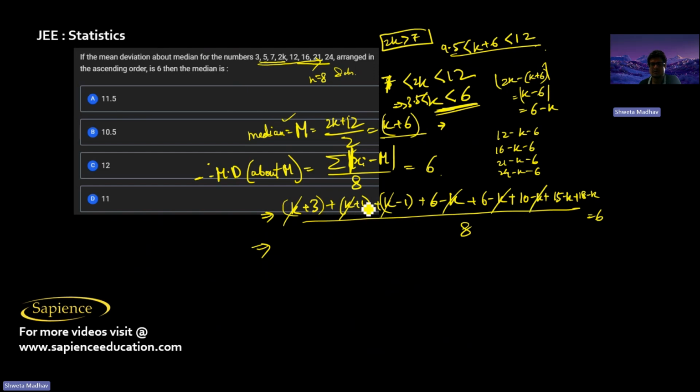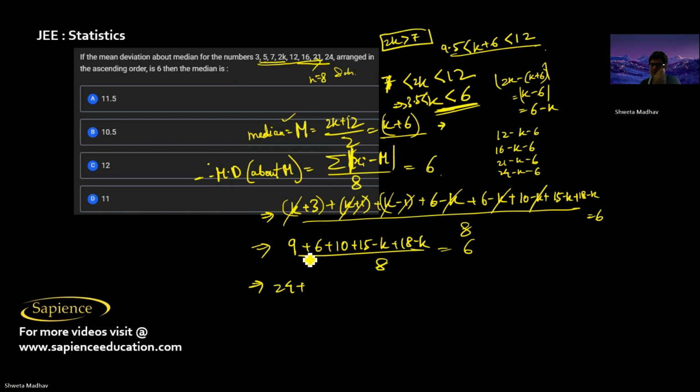So this will be 3 plus 6, that is 9, plus 6 plus 10 plus 15 minus k plus 18 minus k, divided by 8, equal to 6. So I can say 9 plus 15 is 24.